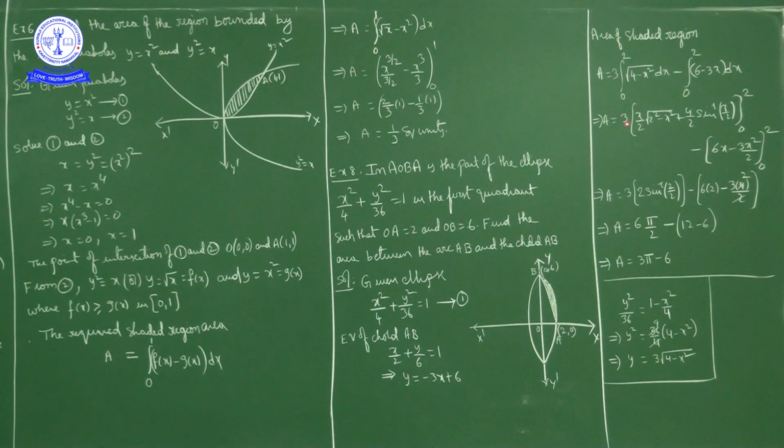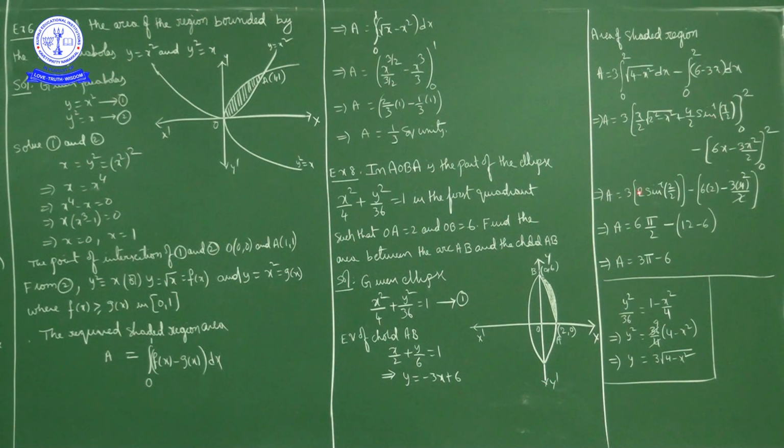Now using the formula for the integral of square root of a square minus x square dx, we got this one minus the integral of 6 minus 3x, which is 6x minus 3x square by 2, lower limit 0, upper limit 2. By substituting the upper limit 2 in place of x, this part is 0, 4 by 2 is 2, sin inverse of 2 by 2, sin inverse of 1 is pi by 2.